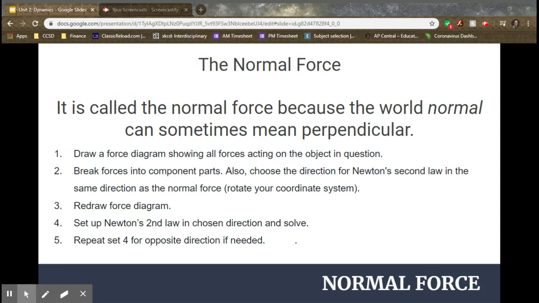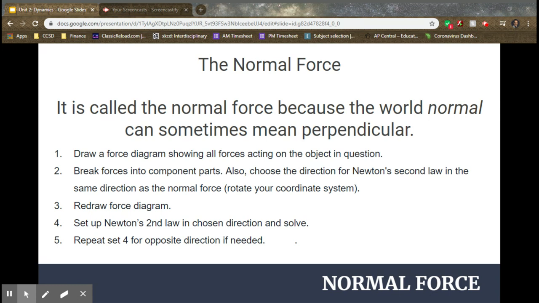Okay? So, same steps to figure out the normal force. There's no set equation for the normal force. It'd be nice if there was, but there's not. Anytime you need to know the normal force, you're going to have to use Newton's second law to derive it. A little scary word, I know.